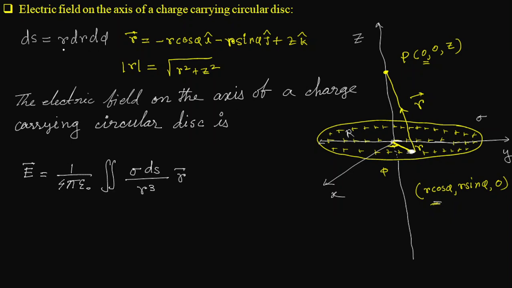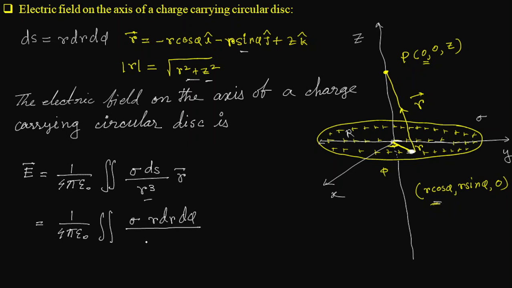ds is r dr d phi. What is r? We have written it here, and the magnitude of r, that also we have written here. So now replace the value of all these parameters. What will we get? We'll get 1 by 4 pi epsilon naught, the surface integral of sigma, now ds is r dr d phi, and then the cube of r.